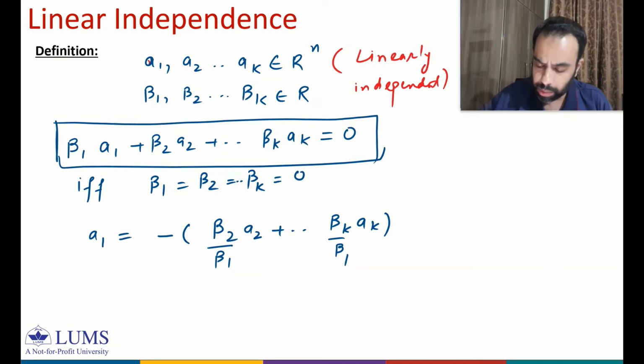Okay, let me also give a couple of examples. Say we have a collection of vectors that contains only one vector. If you have a list that only contains, say, a1, since we only have one vector, this list is linearly independent.